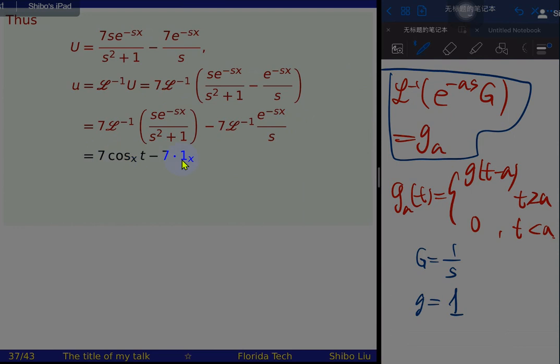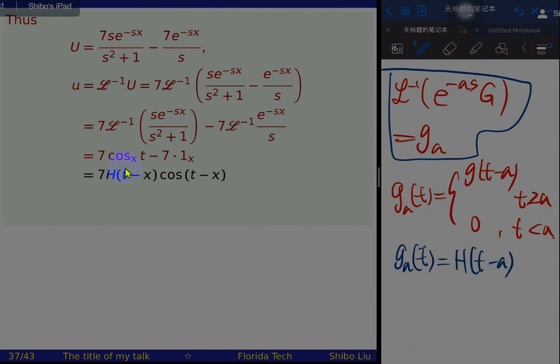But this is not very concrete. Using the definition of Ga here, we can write the right hand side of our solution in a more comfortable form. Ga(t) equals H(t minus a) times g(t minus a).